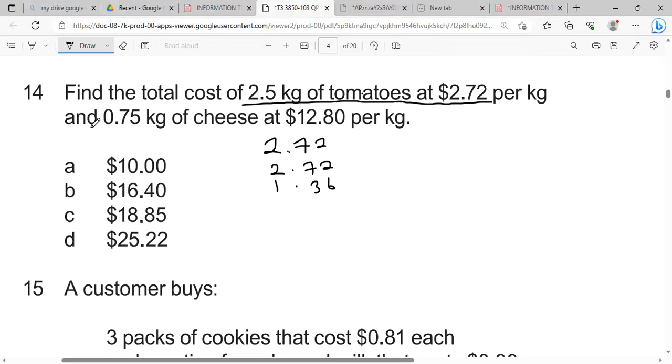Let's look at the cheese now. Notice it says 0.75. That means it doesn't reach 1 kilogram. So it's going to be less than $12.80 because if 1 kilogram costs $12.80 and this is 0.75, that's like 3/4, right? So what we can do is find 3/4 of $12.80.